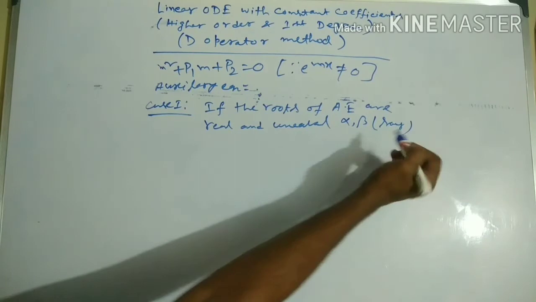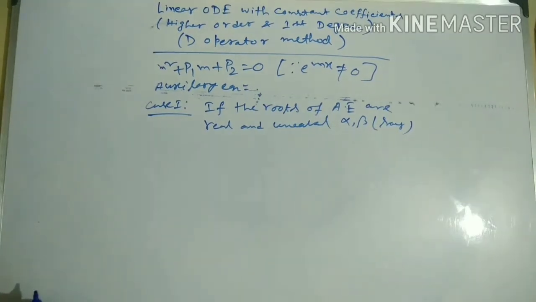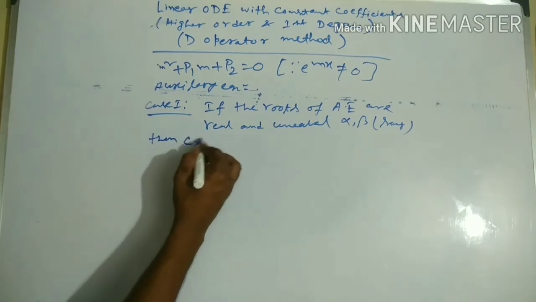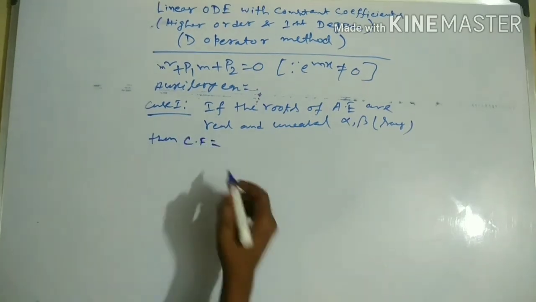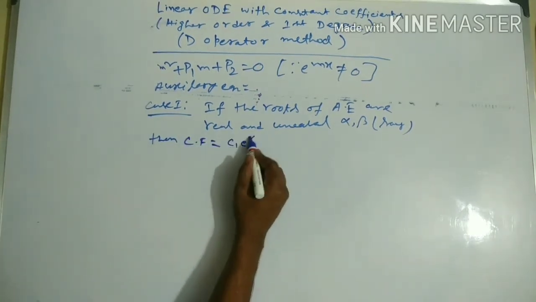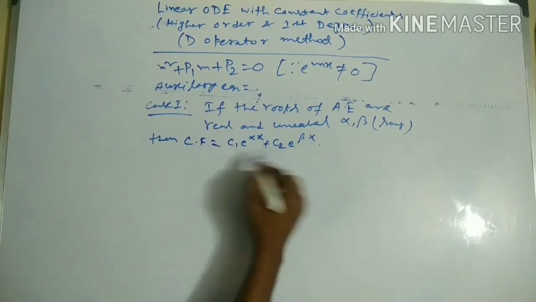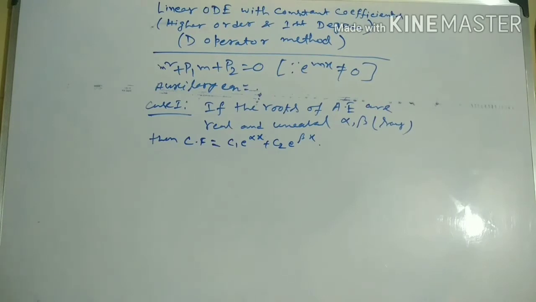I am assuming that the roots are alpha comma beta, which are real and unequal. Then CF will be of the form C1 e to the power alpha x plus C2 e to the power beta x, where C1, C2 are arbitrary constants. I am not writing this on the board. You remember this, C1 and C2 are arbitrary constants. If the roots are real and unequal, then CF will be of this form.